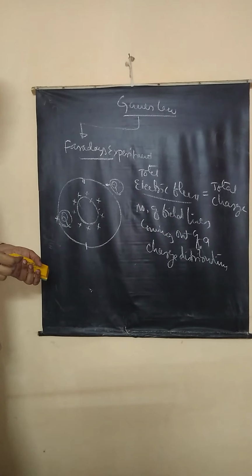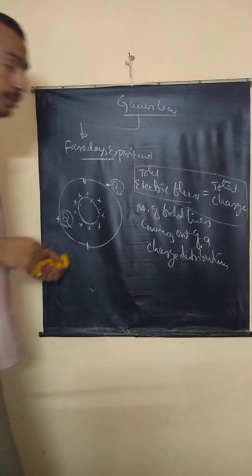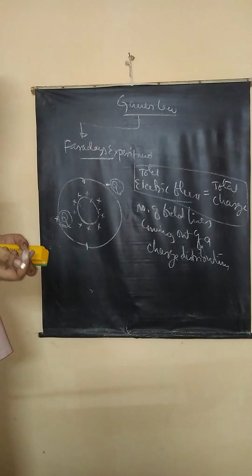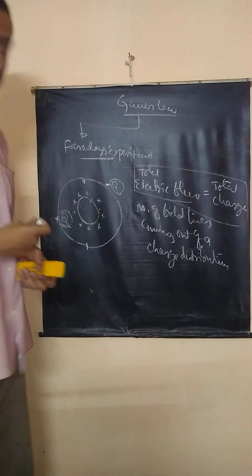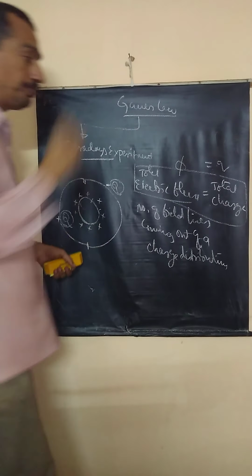This experimental conclusion was given a mathematical form by Gauss. So total flux, if it is phi, he said it is equal to Q.